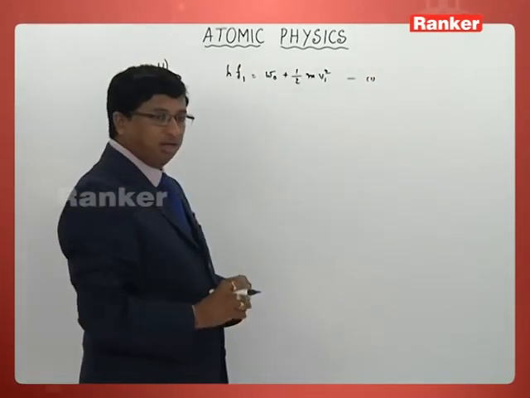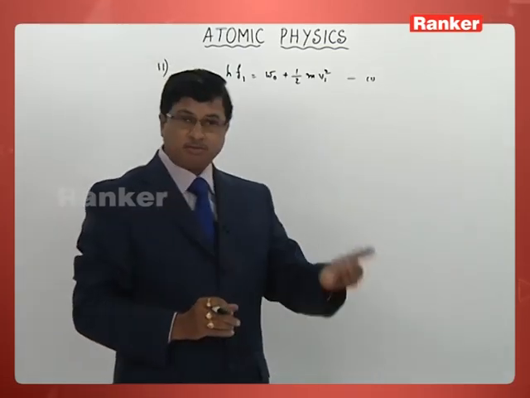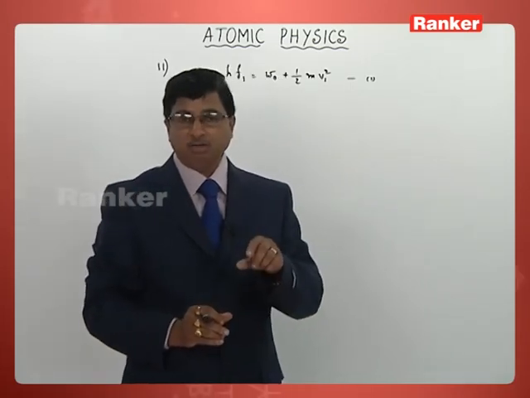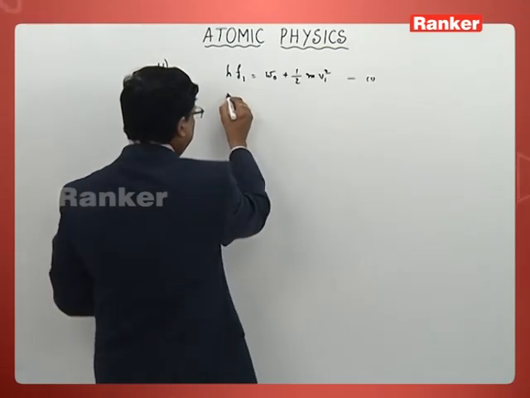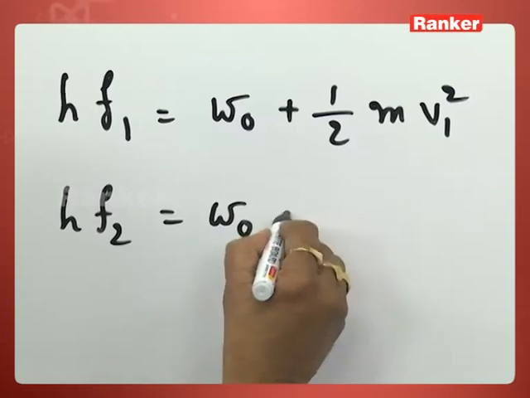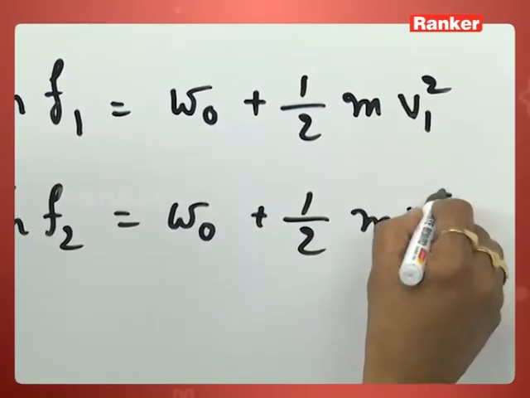Exactly in the same manner, when the frequency of incident light is f2, then the emitted electron's velocity has been given as v2 there. So let us once again write the same. h times f2 is going to be w naught plus half m into v2 square.